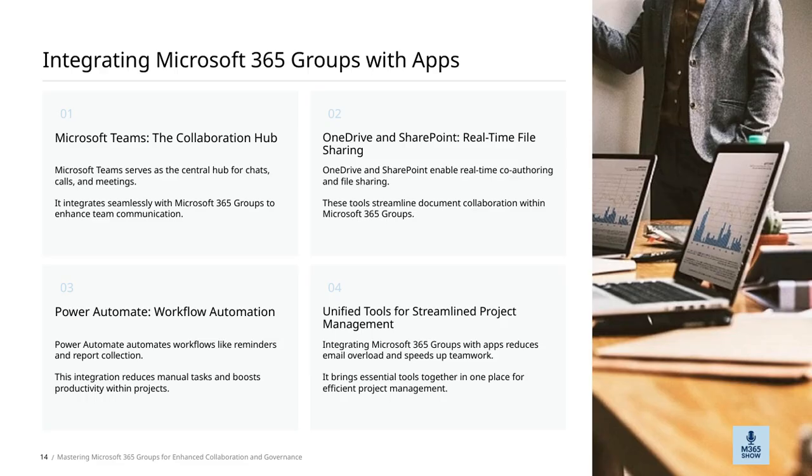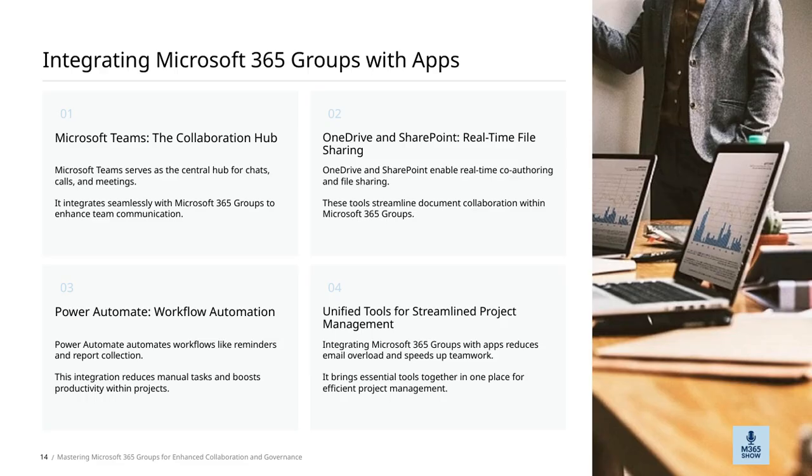Another important aspect is OneDrive and SharePoint. These platforms enable real-time co-authoring and easy file sharing, making collaboration on documents seamless. Instead of emailing files back and forth, team members can work together simultaneously, which saves time and reduces version confusion. And of course, Microsoft Teams acts as the central hub for all our team communication, whether it's chats, calls, or meetings.